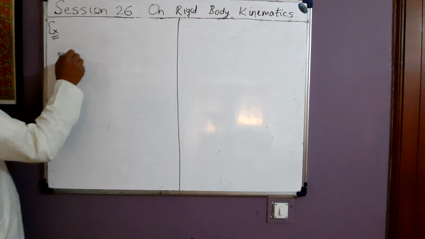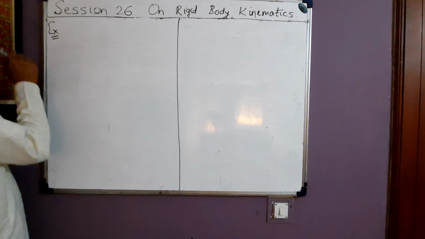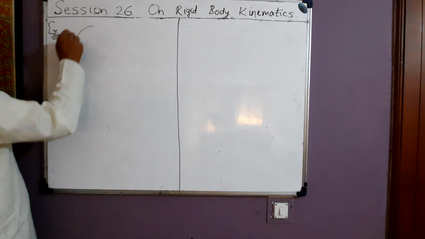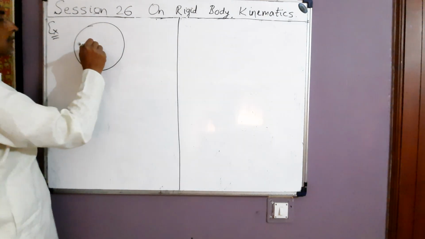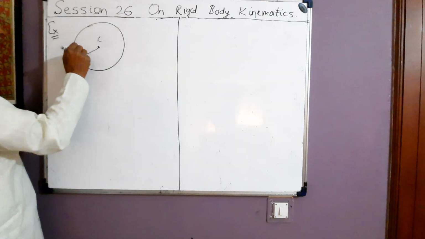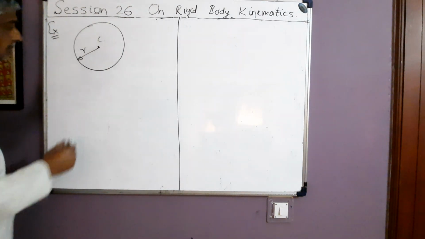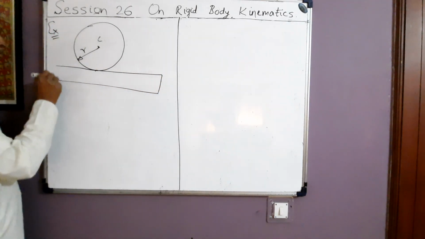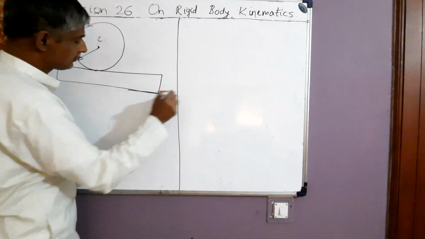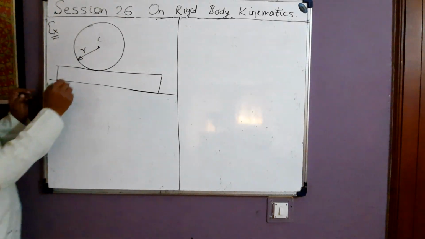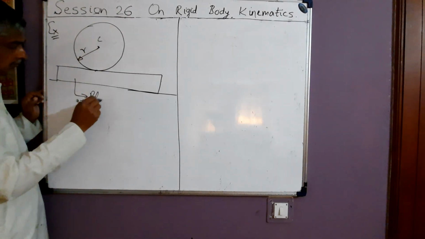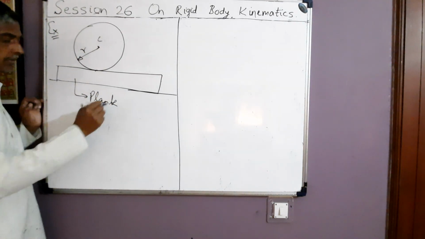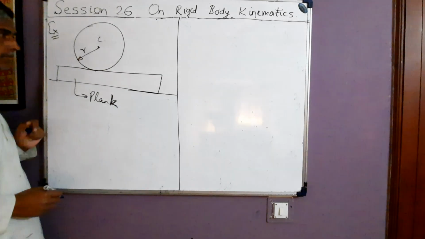Suppose this is a side view of a circular drum with C as the center and R is the radius. Suppose this body undergoes pure rolling over a moving plank. This is a plank, a moving plank.